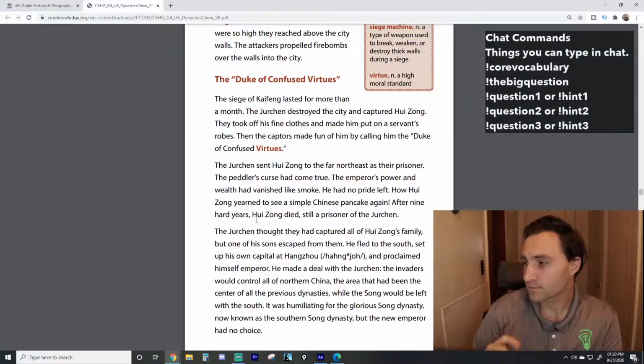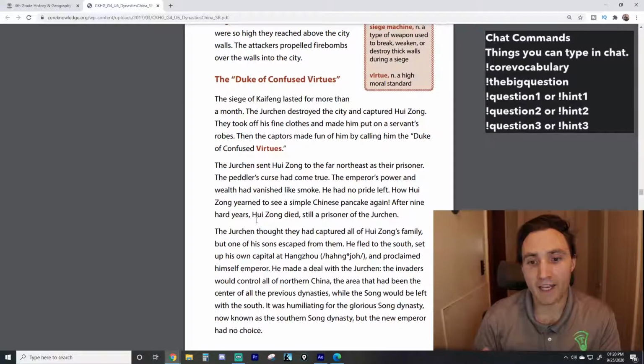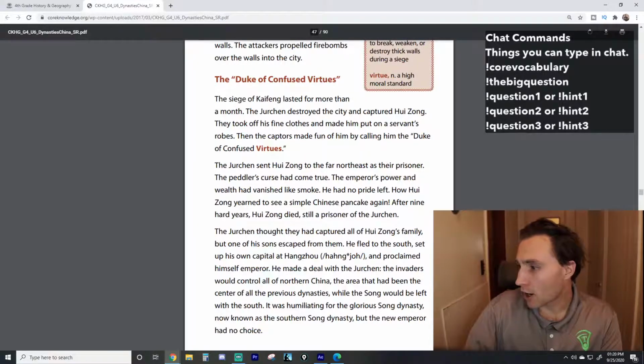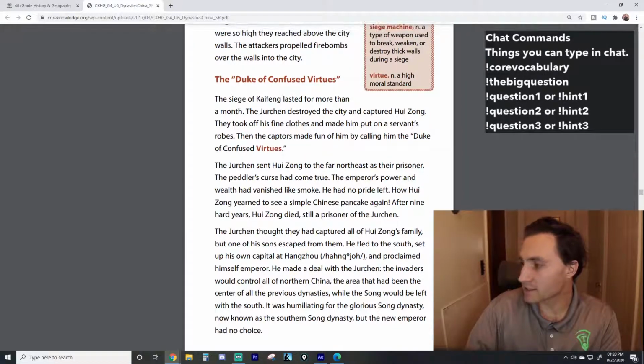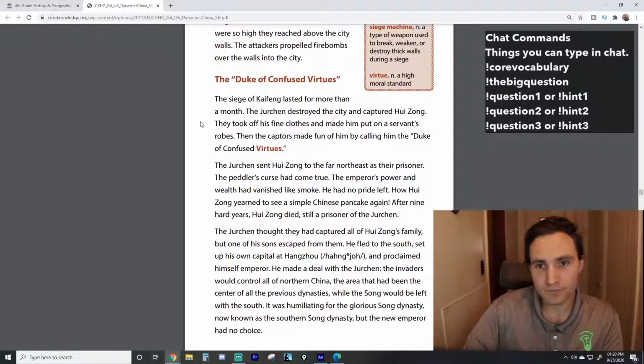All right. So in preparation for our last few paragraphs, our question 6 is, how did the peddler's prediction about Huizhong come true? So we're about to learn the answer to that question. Okay, so stay focused and be prepared to answer question number 6. So let's start reading right here.